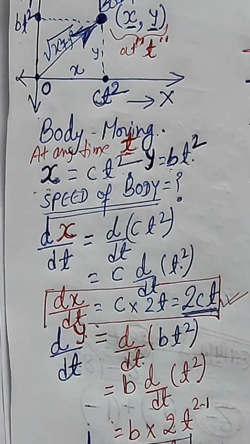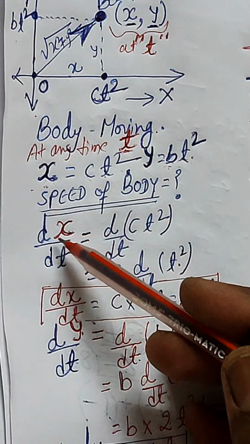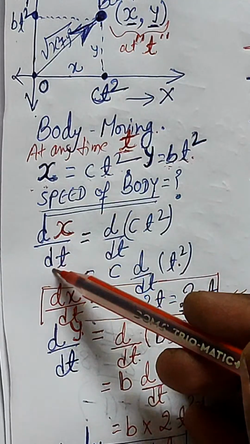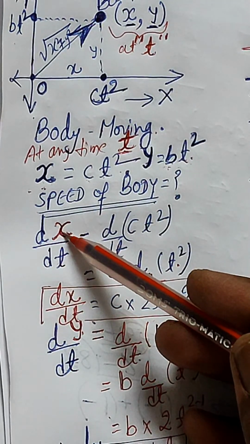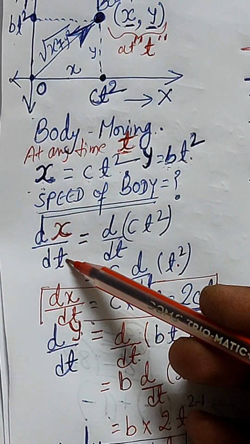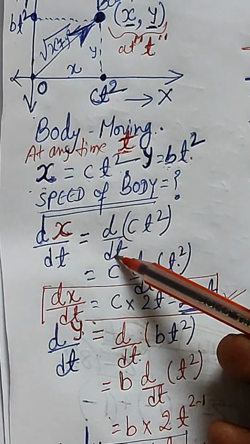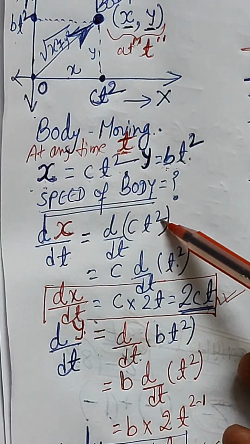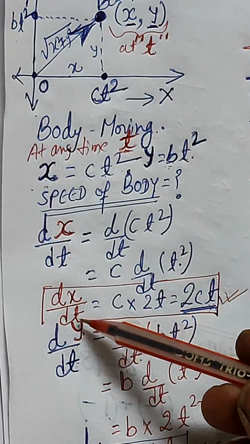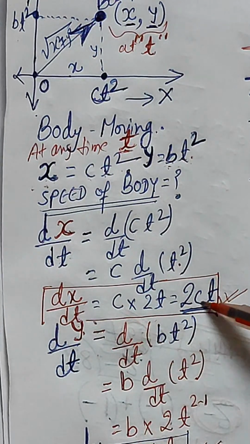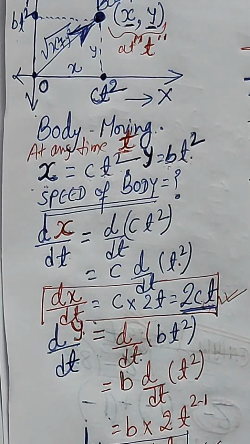What we did, we simply took the differentiation, we differentiated the x component with respect to time. So this gives you d by dt of ct square, and when you solve it, you get the x component of the velocity as 2ct, right?